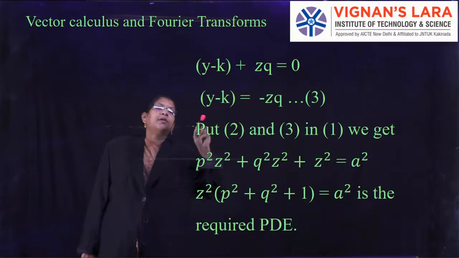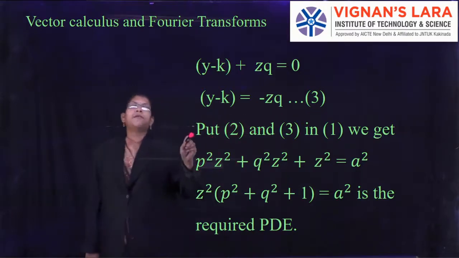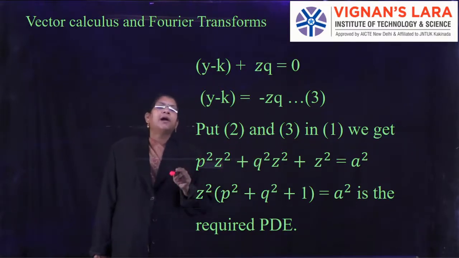From equation 2, what is x − h? Minus zp. From equation 3, what is y − k? Minus zq. Now you put the values of 2 and 3 in equation 1. Then what will you get?